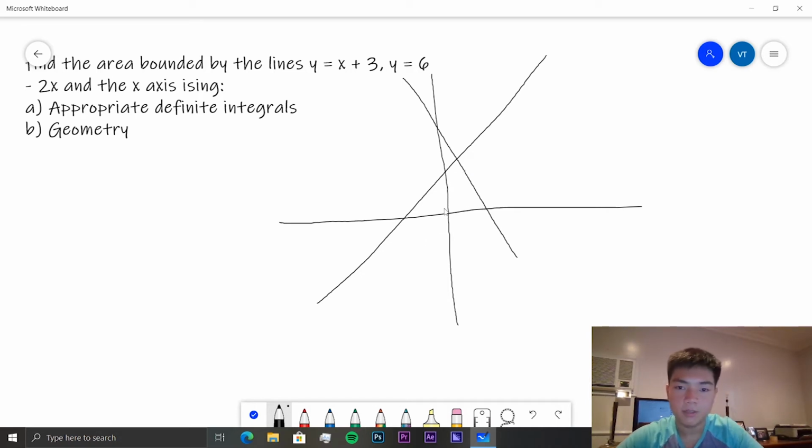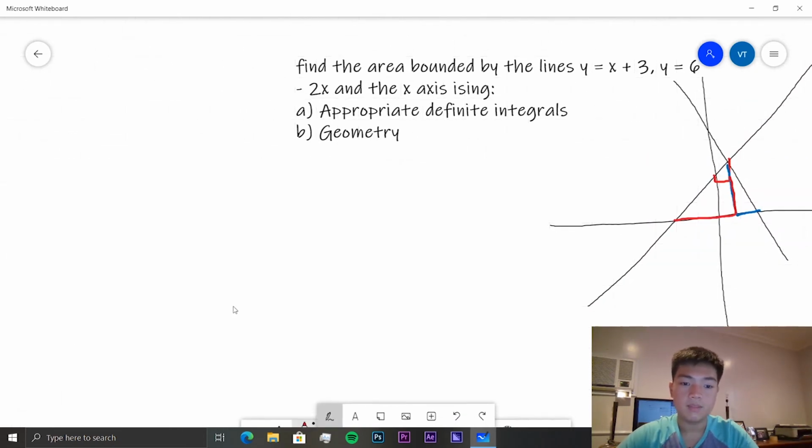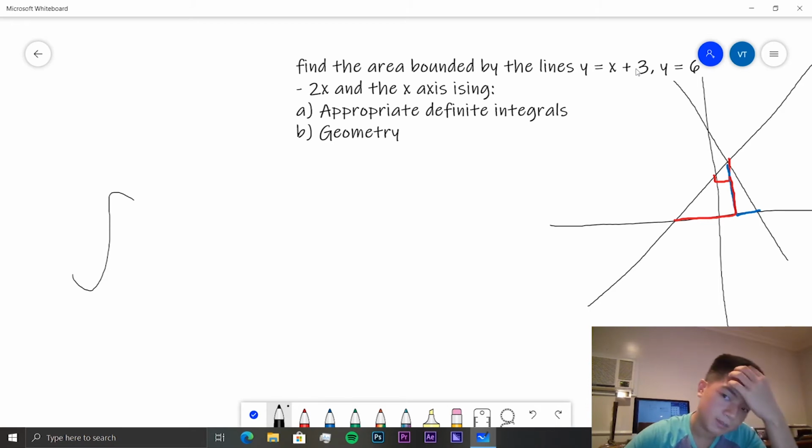So what we can do is get the integral of x plus 3 until the lines intersect. So here, and then we can get the integral of 6 minus 2x after the lines intersect until the x-axis, so it should be here. So when does x plus 3 touch 0?